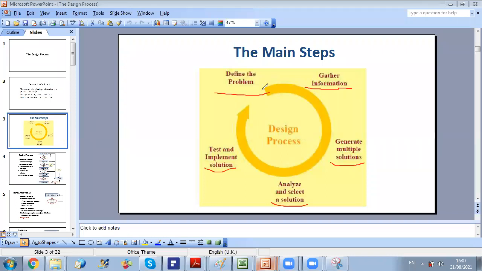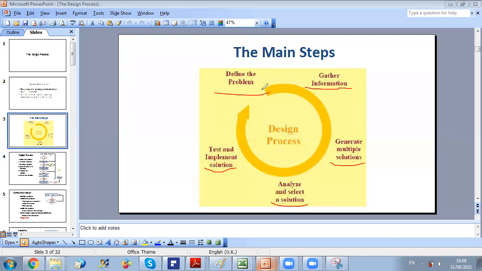So first, let us say technically, what is the step of defining the problem? In any project, you need to begin the solution to a design problem with a clear definition of the problem. And the definition of a design problem may evolve through a series of steps. So you might start with a certain definition, but it will change a little bit after as you proceed.